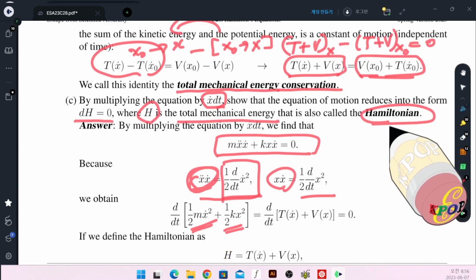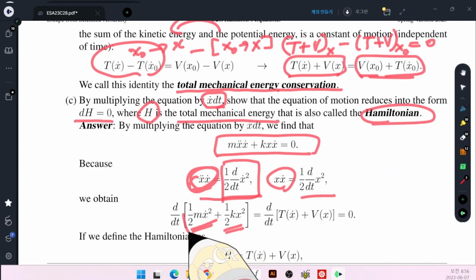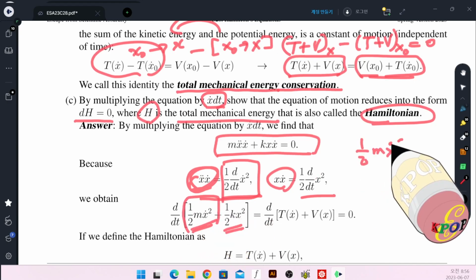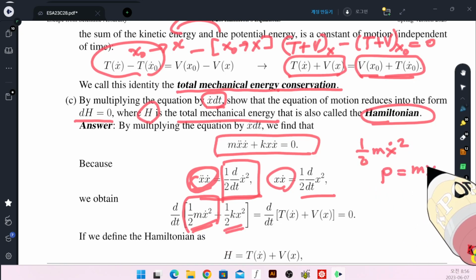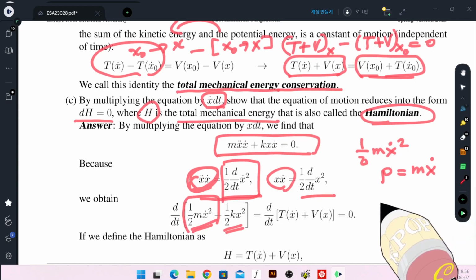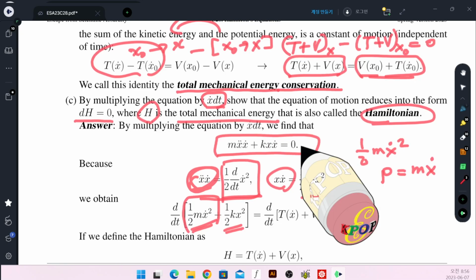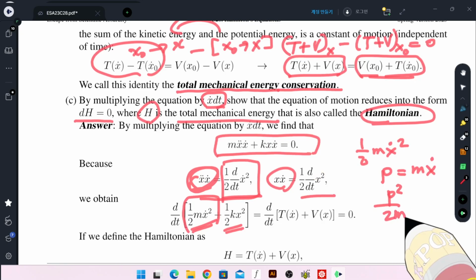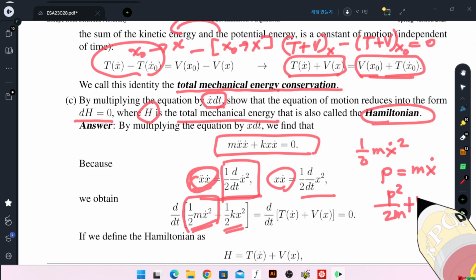By the way, in fact, our Hamiltonian is formally not expressed in terms of 1/2 m x dot squared. Instead, we know that p equals mv, that's the linear momentum. And when we call the total mechanical energy the Hamiltonian, formally we have to write it in this form.